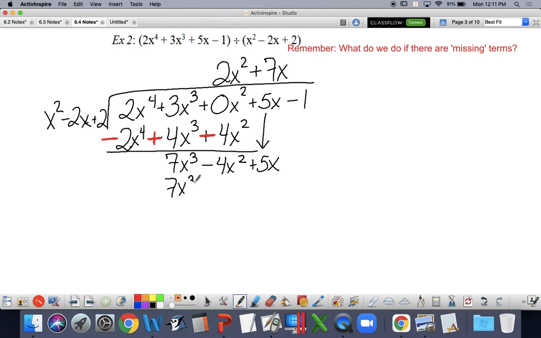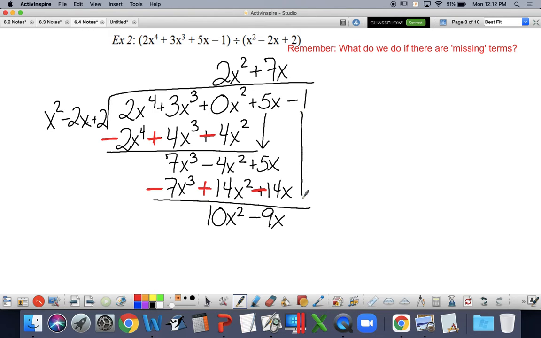That's 7x cubed minus 14x squared plus 14x. I'm subtracting this out, so I'm going to go ahead and change all of my signs. And I will end up with 10x squared minus 9x.